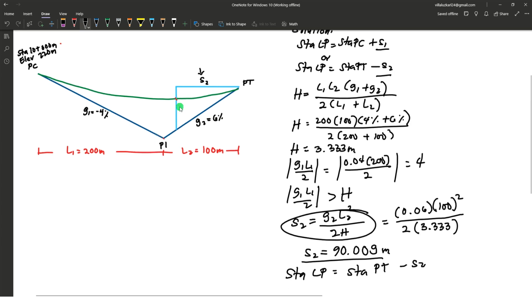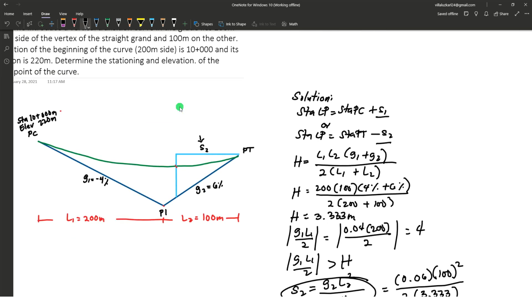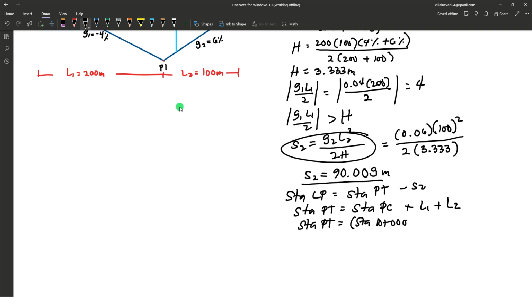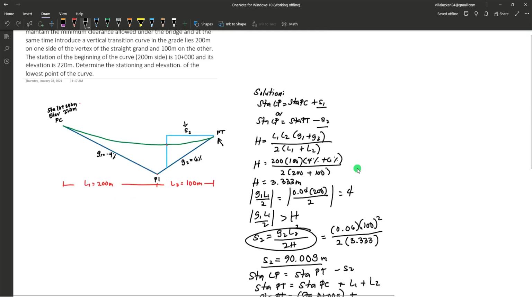So first, determining the station of PT: it should be the stationing of PC plus L1 and L2, since the given stationing is at PC. So we must add L1 and L2 to locate this stationing. Station PT is equal to station 10 plus 000 plus 200 plus 100.